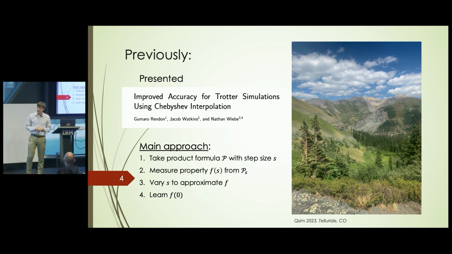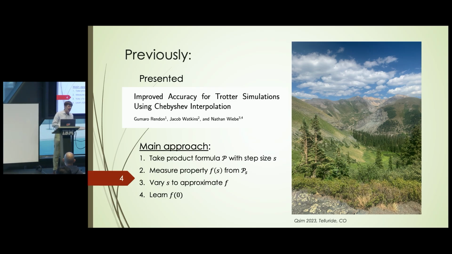This parameter S, concretely, is 1 over the number of Trotter steps. We can mathematically relax this a little bit, as we'll do later. But the point is, for small values of S, we have very accurate values. And we would like to get as close to S equals 0, corresponding to the ideal evolution, as possible.